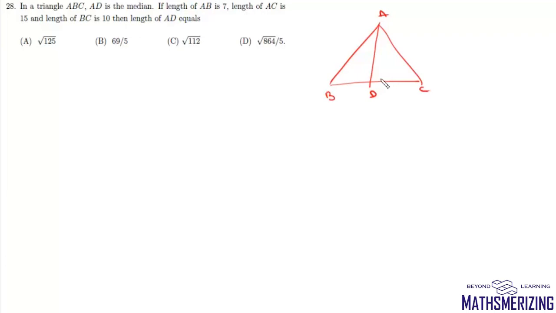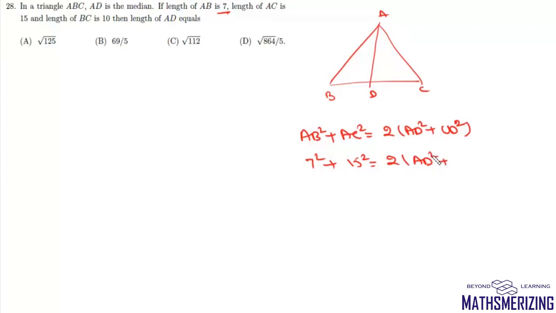Now from Apollonius theorem, we know that AB square plus AC square is 2 times AD square plus CD square. Now what's AB square? AB square is 7 square and AC square is 15 square and it will be 2 times AD square, which we need to find, and then CD square. CD is half of BC, so it will be simply 5 square.